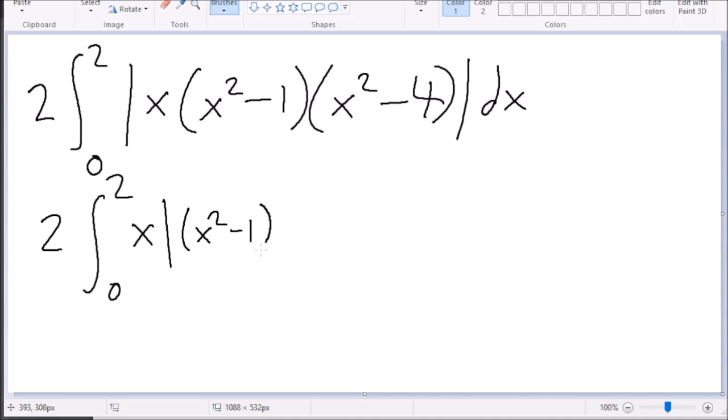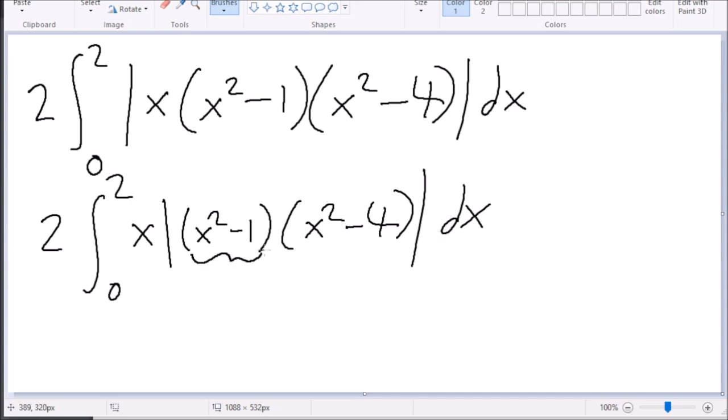So x squared minus 1, x squared minus 4. Now, this is not always positive. And this is also not always positive, right? If I plug in like a half here, this is negative.